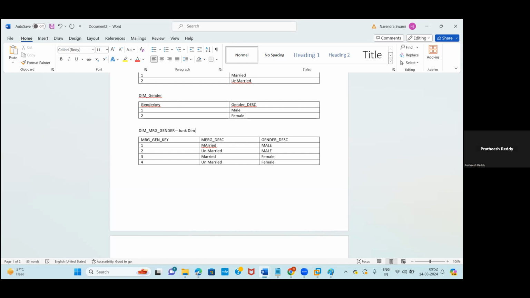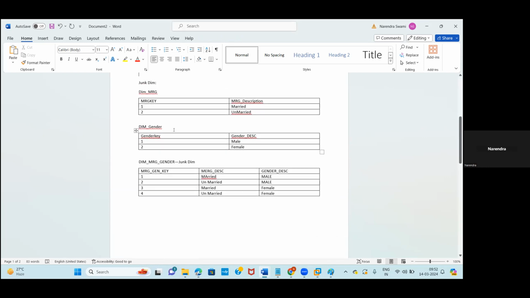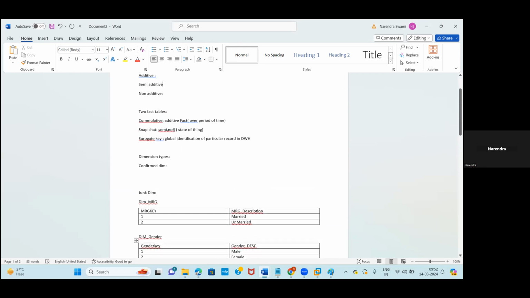Clear? Yes, clear. This is the perfect example for the junk dimension, so if anyone asks you about the junk dimension, just go with this example.